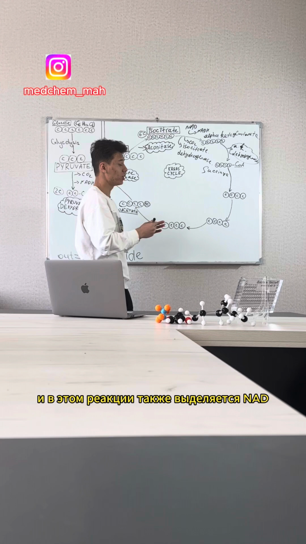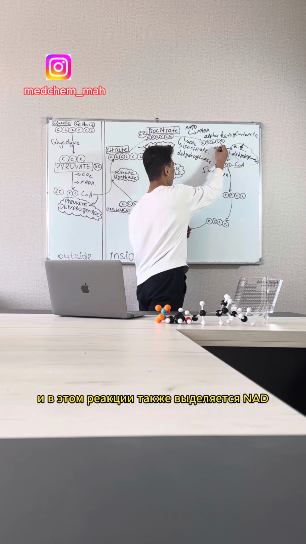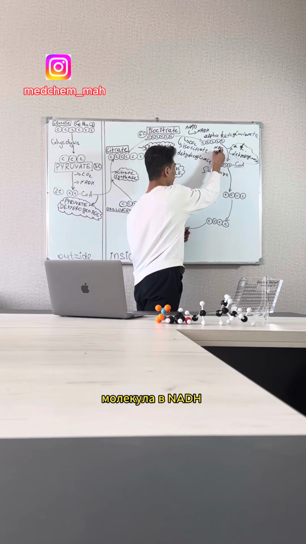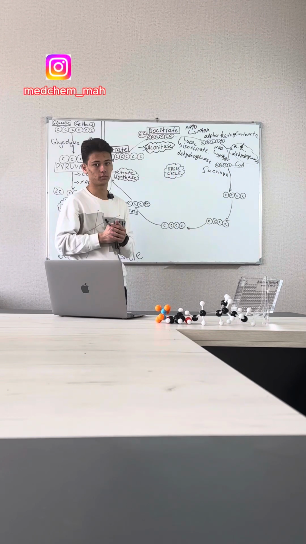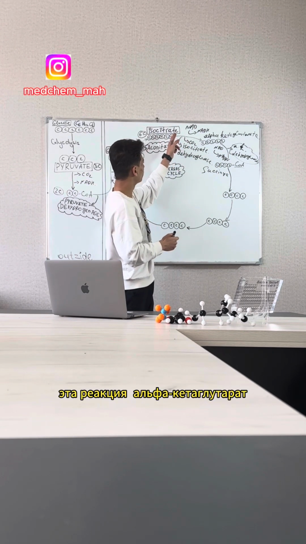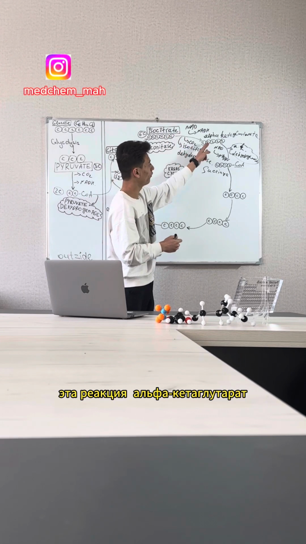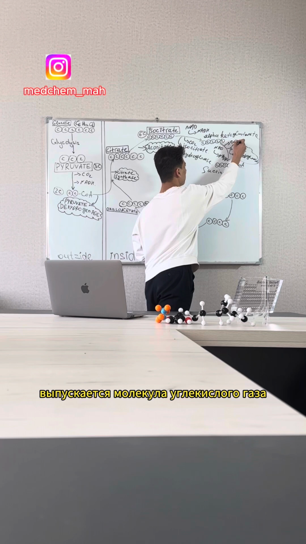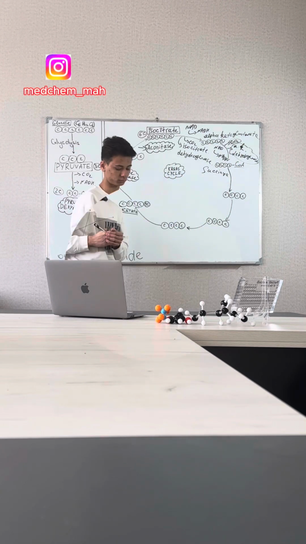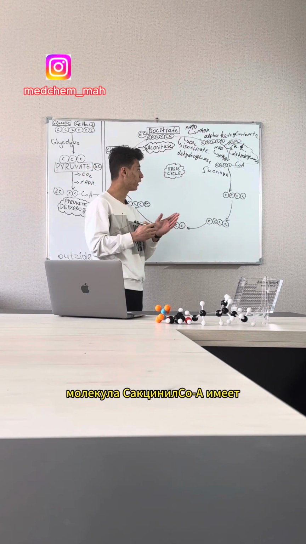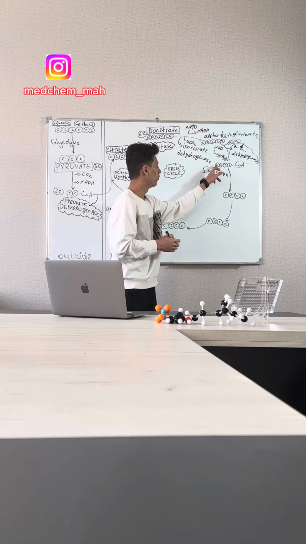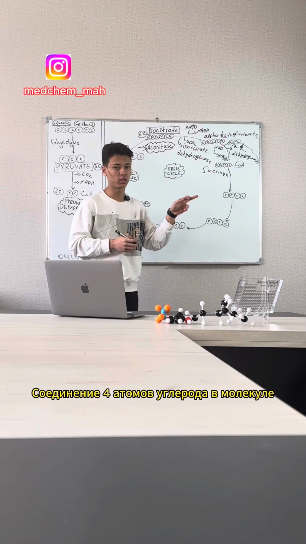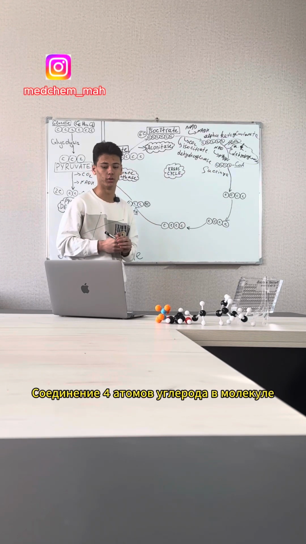In this reaction, an NAD molecule is also reduced into an NADH molecule. Similarly, in this reaction from alpha ketoglutarate, a carbon dioxide molecule is released. The molecule of succinyl-CoA has 4 carbon atoms.